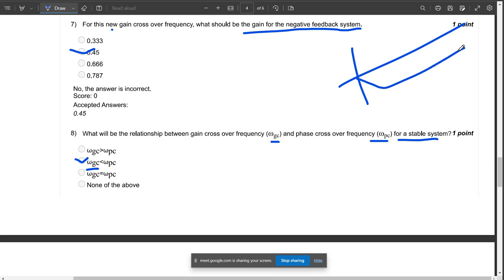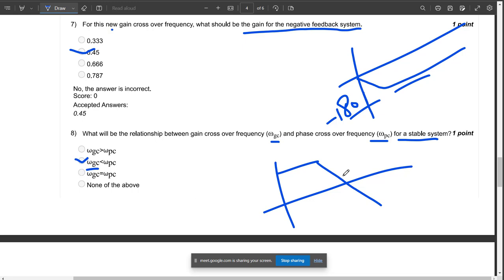For minus 180 degree there will be an asymptote at 180 degree, and it will meet at infinity. So omega pc will be infinity, whereas omega gc, if we see the Bode plot of this, will be whenever the gain becomes 0. This is omega gc, right?